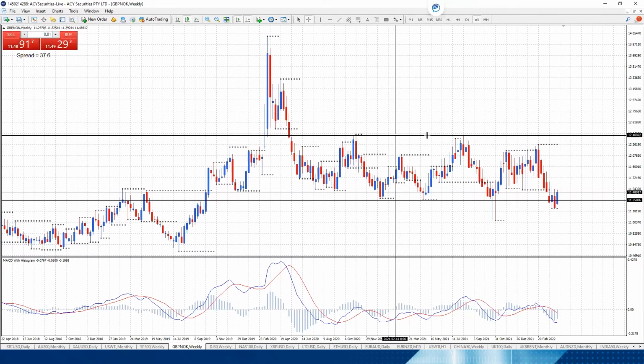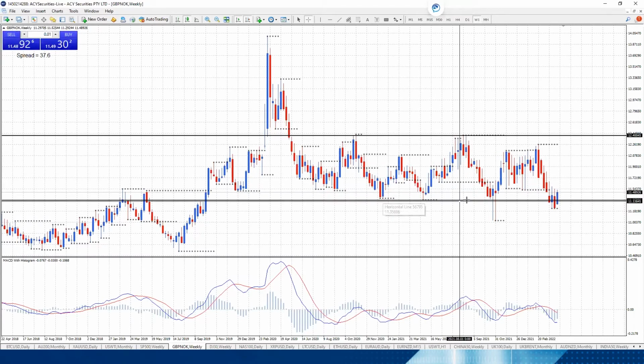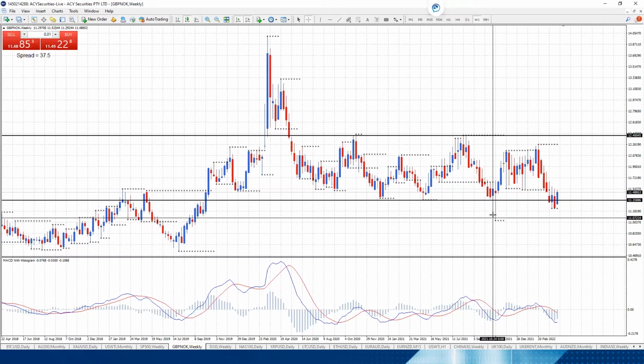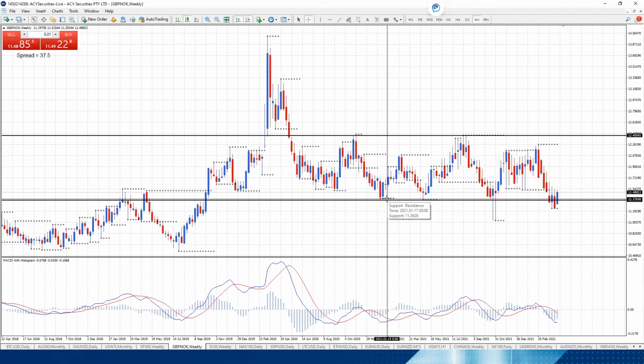There's these major levels of resistance, okay? And then there's these major levels of support. Now, there are a few instances where price gets down and actually breaks through, but it ends up at the end of the month closing back above that support level.